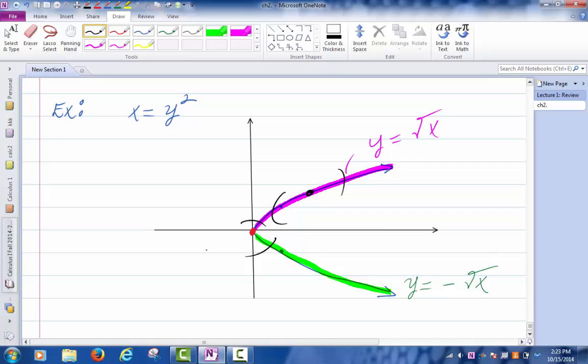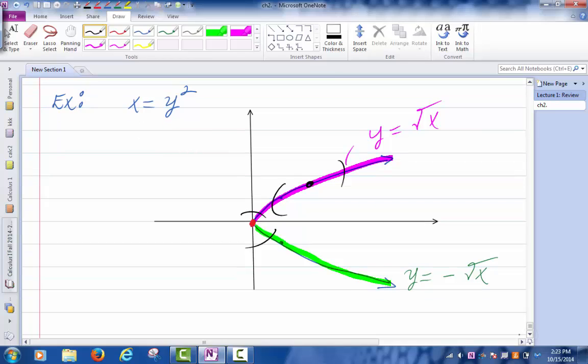Now, what's the point of all this? Well, my point is the graph of an equation generally does not represent y as a function of x. However, parts of the graph do represent y as a function of x, right? The purple part represents y as a function of x. The green part represents y as a function of x as well.